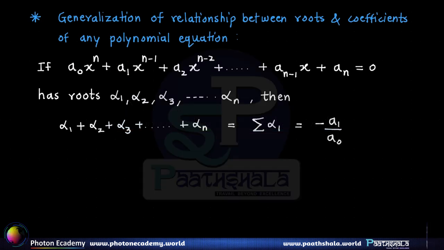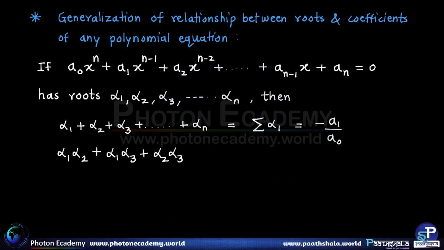Now moving ahead, if we want to see the sum of product of two roots taken at a time, it would cover something like alpha 1 alpha 2 plus alpha 1 alpha 3 plus alpha 2 alpha 3 and so on. So there will be all the possible combinations of these products.